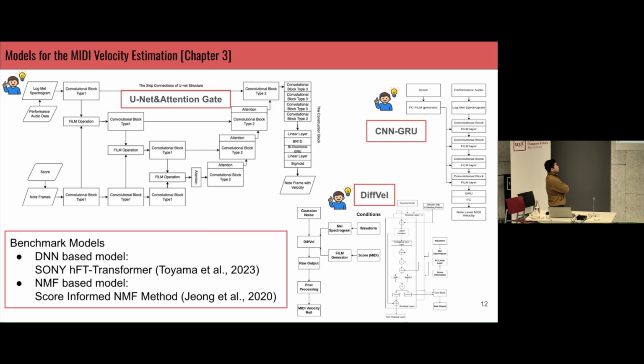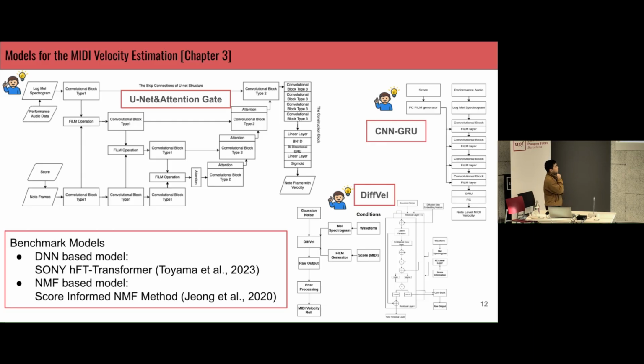So this is an overall view of the architecture of the 3 networks. The reason those 3 networks were chosen is that the CNN GRU model is famous for working for transcription models with convolutional neural networks. And the diffusion model is also known for transcription models. Then the U-Net and attention gate is known for source separation models and also multi-pitch detection models.